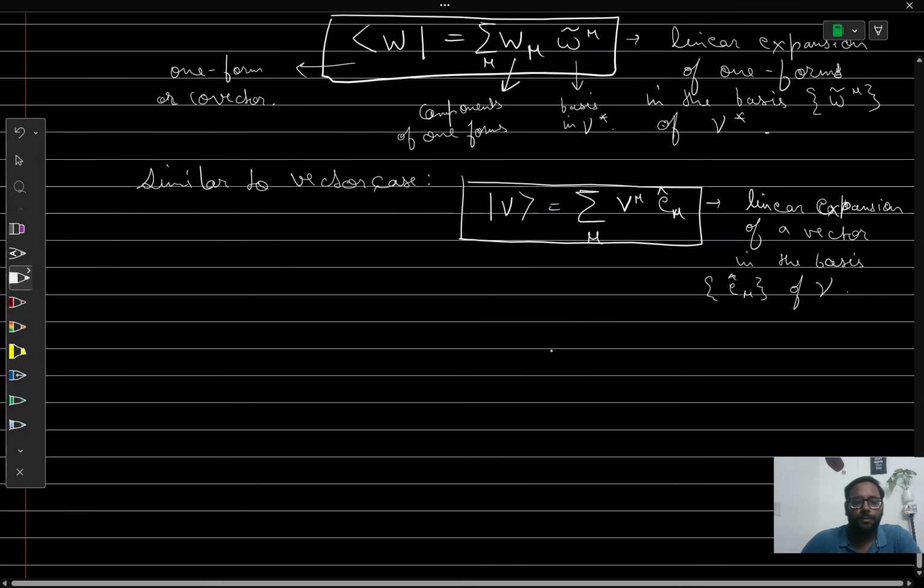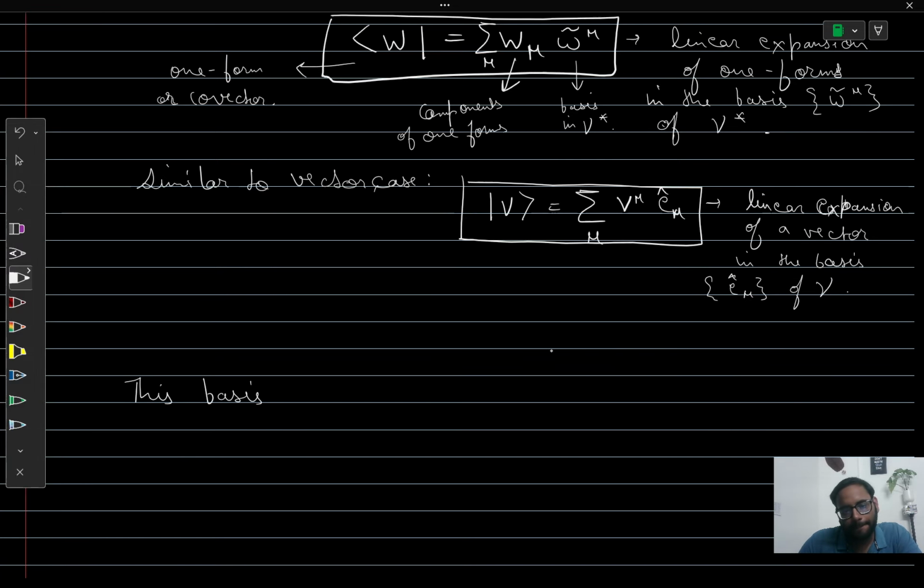So now, this basis, this dual basis, is actually called the dual basis of this basis in vector space.